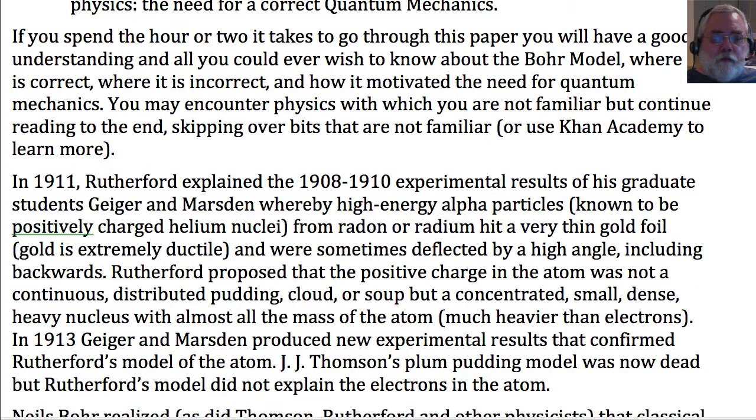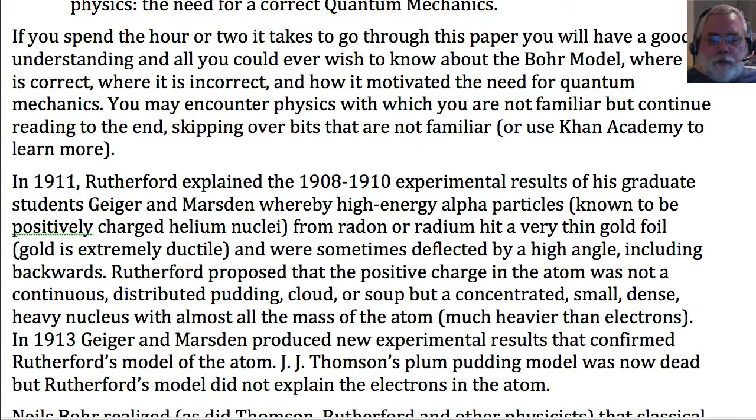In 1911, Rutherford explained the 1908 to 1910 experimental results of his graduate students Geiger and Marsden, whereby high-energy alpha particles, known to be positively charged helium nuclei, from radon or radium, hit a very thin gold foil, gold is extremely ductile, and were sometimes deflected by a high angle, including backwards.